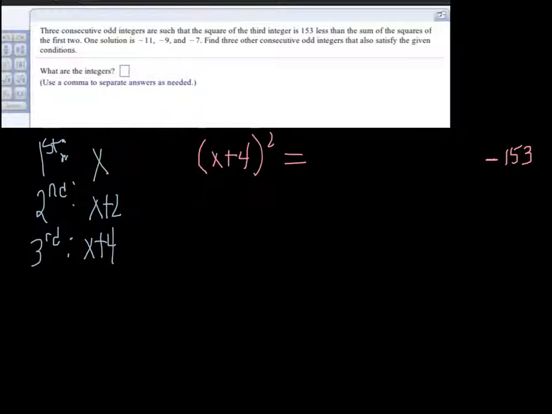It's not saying that it's 153 less than the first number. So the sum of indicates that we need to add these first before we do anything else. I'm actually going to use brackets because I have a feeling that we're going to have parentheses on the inside.